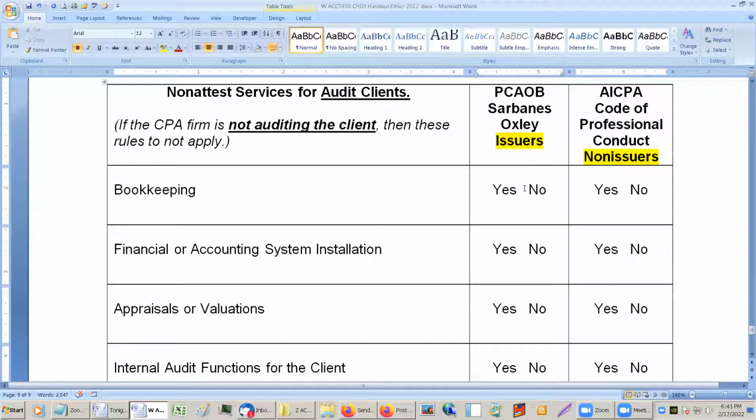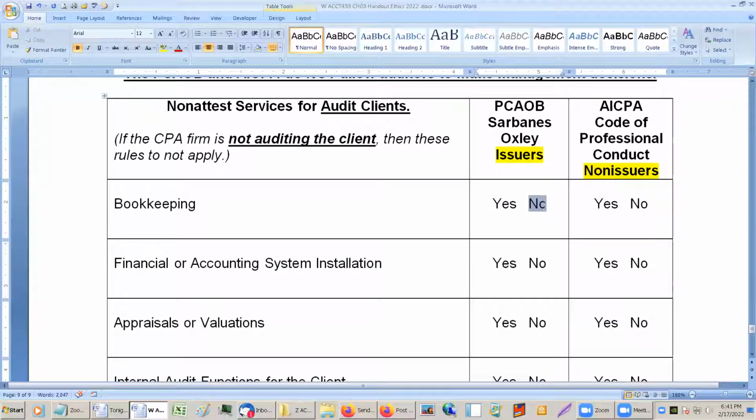Okay, bookkeeping. No for the PCAOB. Yes for the AICPA. Now that may sound odd, but for routine run-of-the-mill bookkeeping, a CPA firm, if it's not publicly traded, can do the bookkeeping.